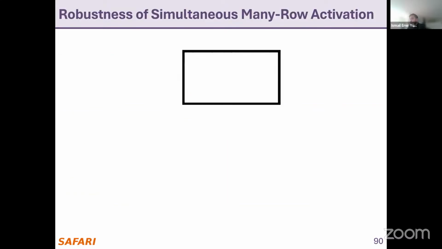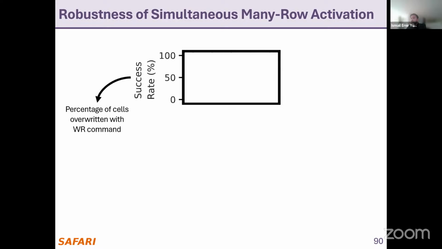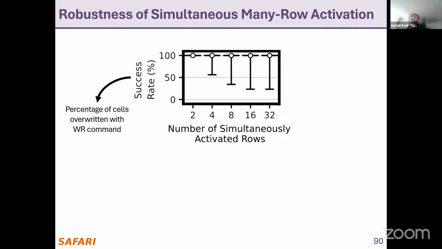So here, let me introduce our plot. The Y-axis shows the percentage of cells overwritten with the write command. The X-axis shows the number of simultaneously activated rows. Here we have a box plot, but we don't see boxes because the distribution is almost at 100%, with some exceptions.